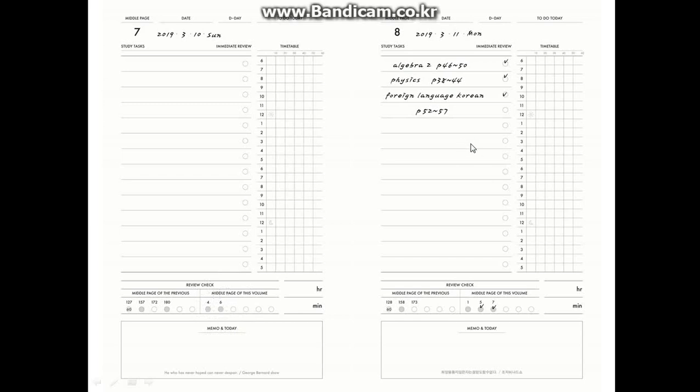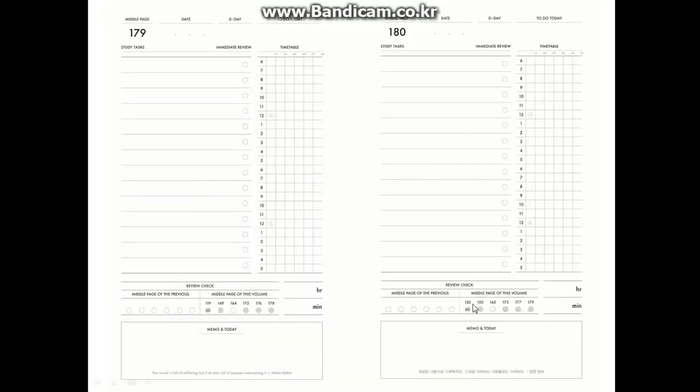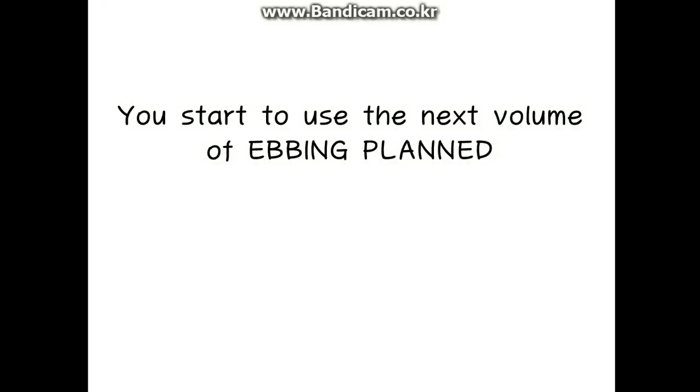By the way, the next day, when you have to review, middle page number 7 is blank because you did not learn. No lesson, no review, right? In this fashion, you go on and you will reach the last page of the first volume. And then you start to use the next volume of EBBING Plan.